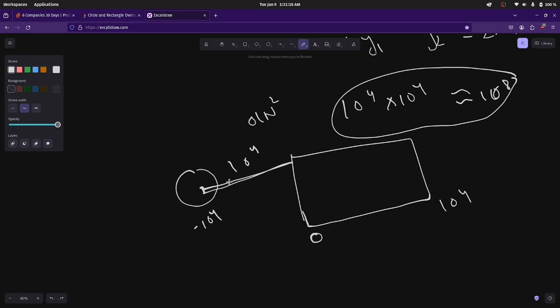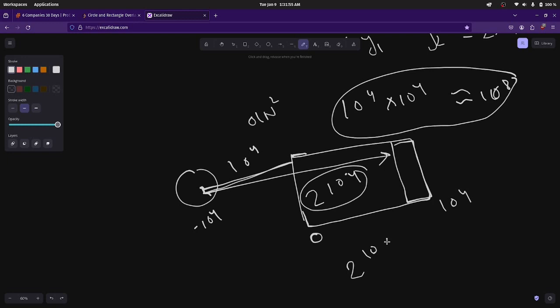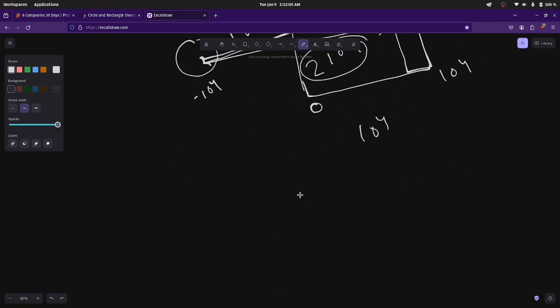Or it can be a very small rectangle, and then the max distance can be 2 into 10 to the power 4. So the max distance is of the value 10 to the power 4. So I think that's why this n square solution gives AC.